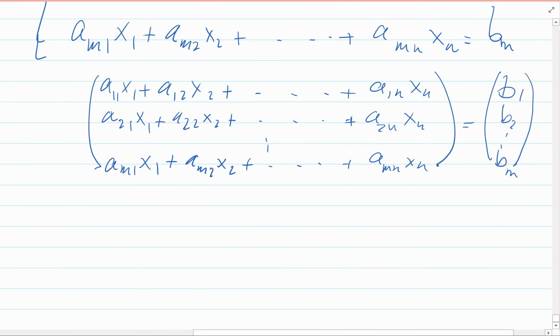Good. So now let us use the properties that we just learned. Not fancy yet, but just the basics that we learned so far. So we have what?